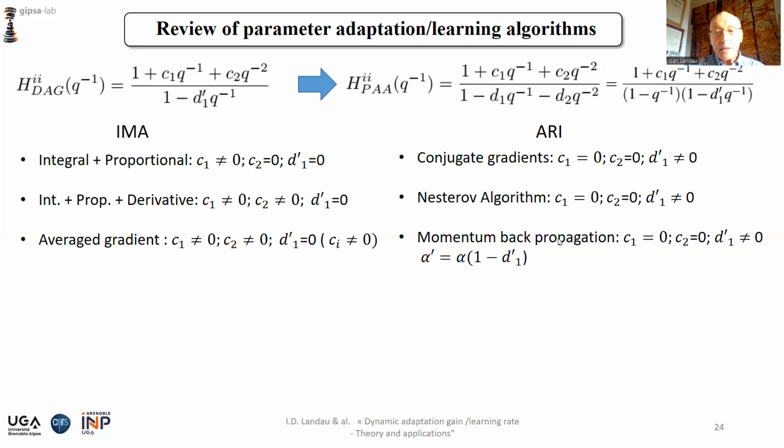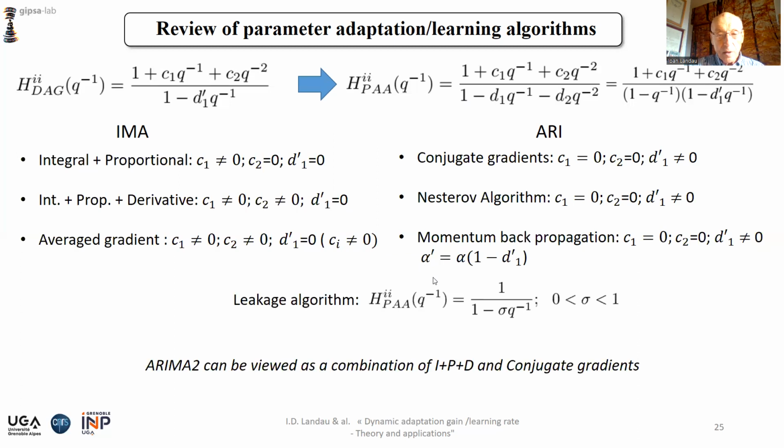And we have the momentum propagation, where in addition to selecting a coefficient, the adaptation gain is modified in this way. So we can see that the ARIMA2 algorithm can be viewed as a combination of these algorithms with a conjugate gradient or with the Nesterov algorithm.